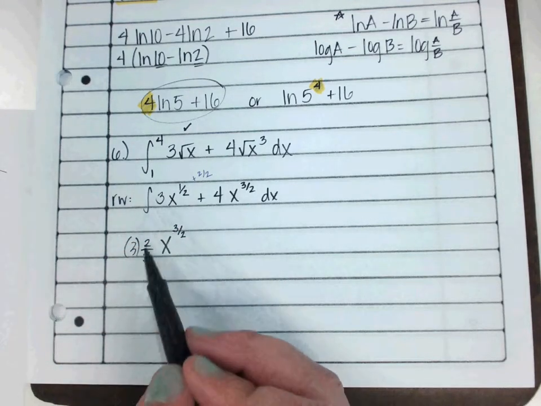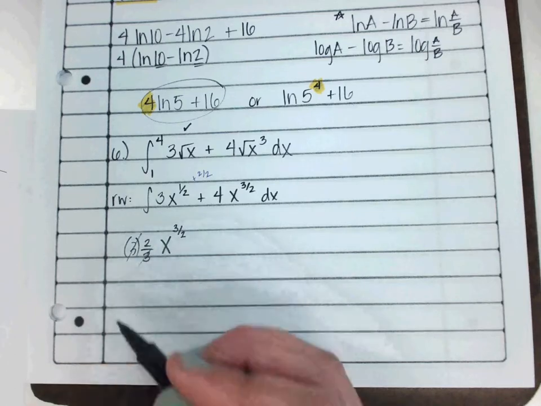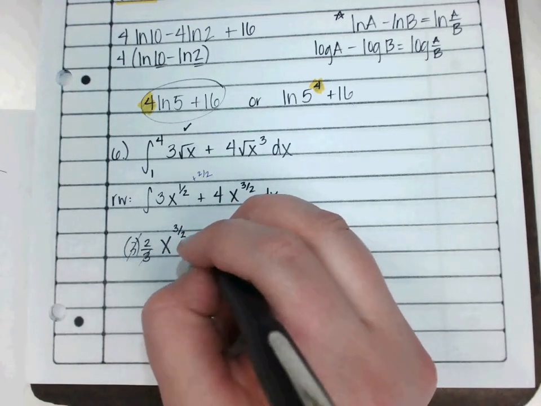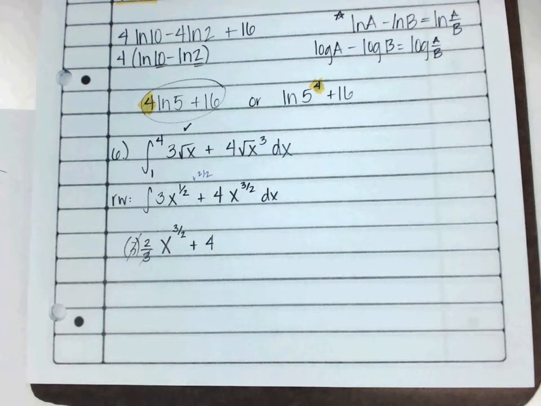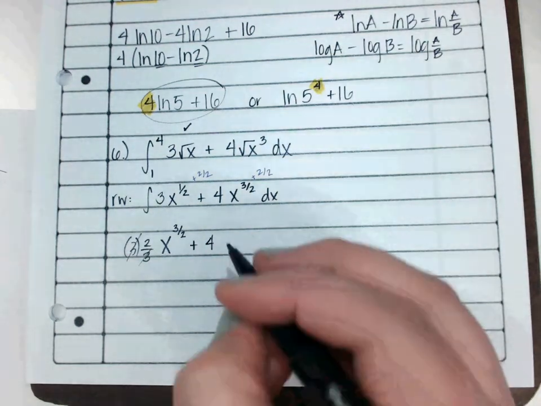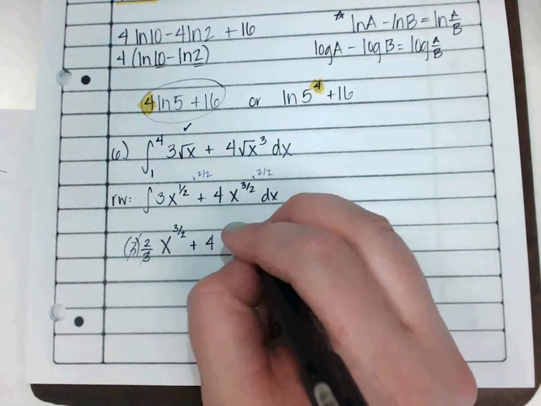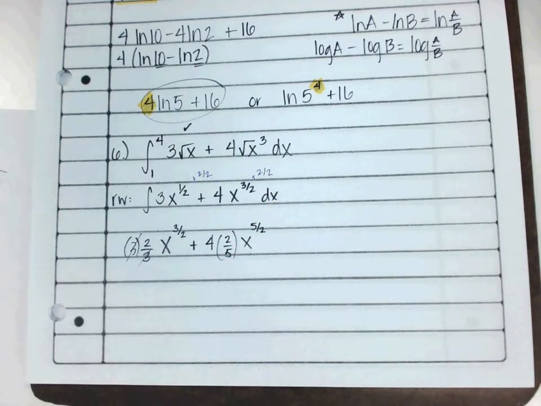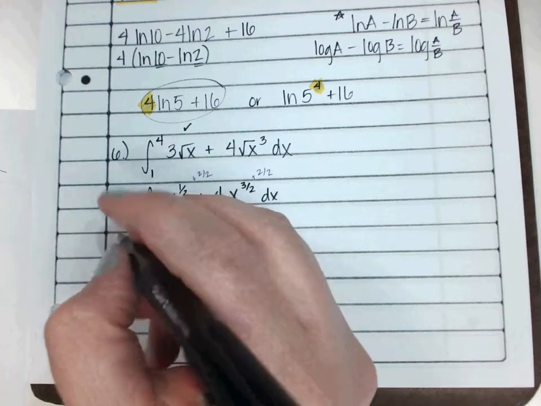The 3 here and the 3 on bottom can go away, just be a 2. Plus, next term. I have a 4 in the front. Add 1 to 3/2. What is 3/2 plus 2/2? X to the 5/2. Then what do I put in the front? A 2/5, which will give me eventually 8/5. Now, plus C, again, nobody cares, leave it out.